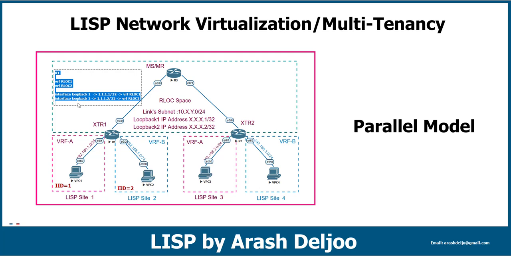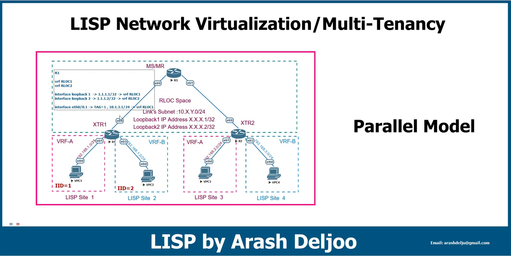After that, on Ethernet 0/0 we need two subinterfaces, because I am going to create two different virtual networks in one physical network. On Ethernet 0/0.1 we configure dot1q tag 1 and the IP address 10.1.1.31/24, as a member of VRF RLOC1.